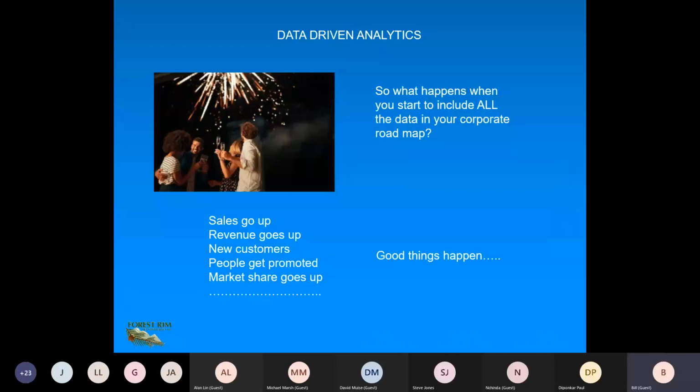So what happens when you start to include all the corporate data in your roadmap? Something interesting happens. Sales go up, revenues go up, you start to get new customers, you keep the market share that you get, and people get promoted. This is what happens when you broaden your horizon for what we mean by data-driven analytics.